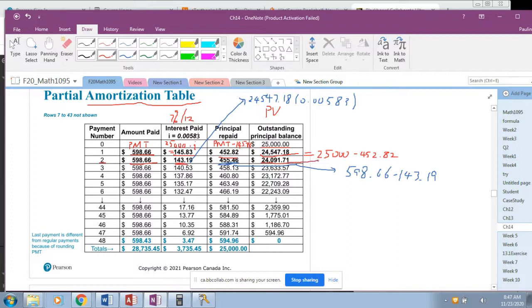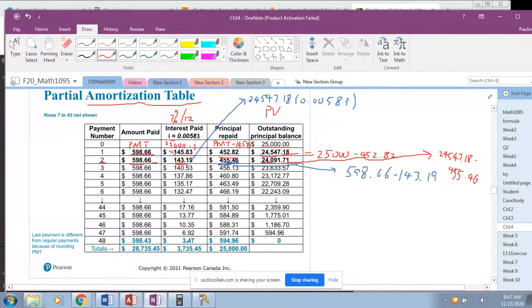How do you get this number? You use 24,547.18 minus the principal paid, 455.46. And then you repeat yourself for all the payments.